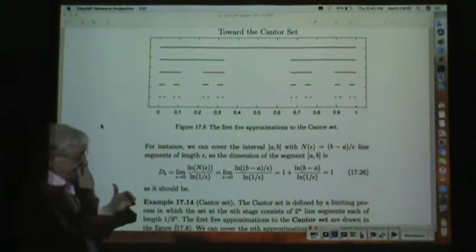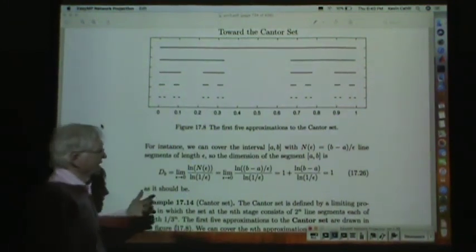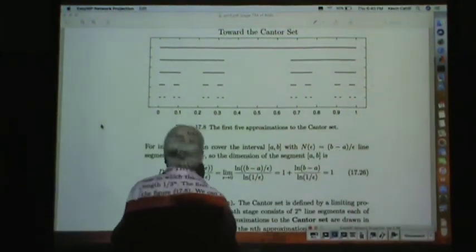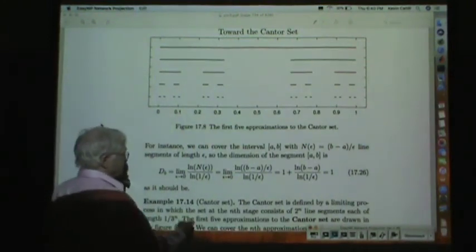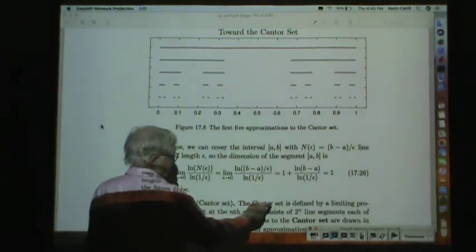Let's just look at the definition of the box counting dimension. If you can cover the interval with this many line segments, then what's the dimension? Well, it's log of (b minus a) over epsilon, divided by log of 1 over epsilon.